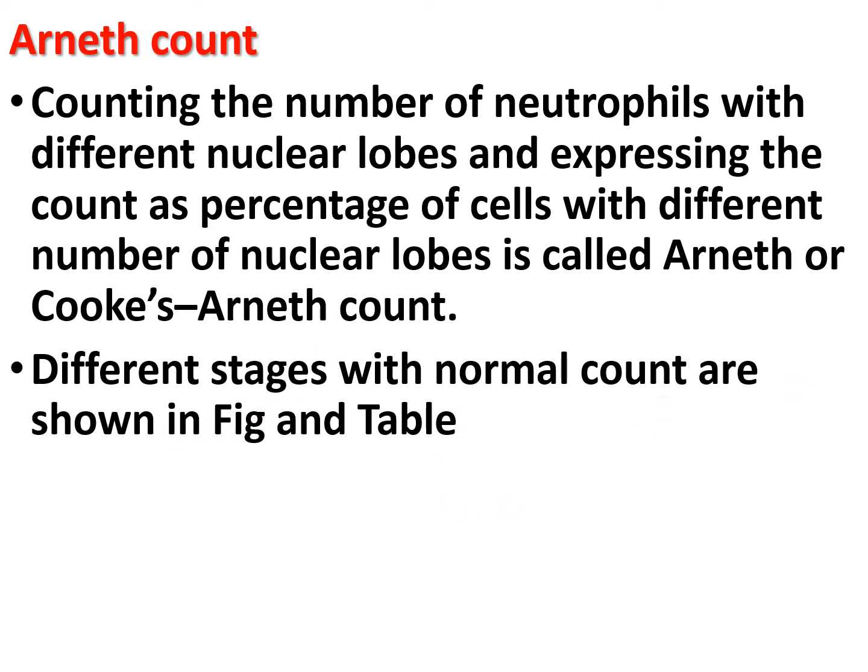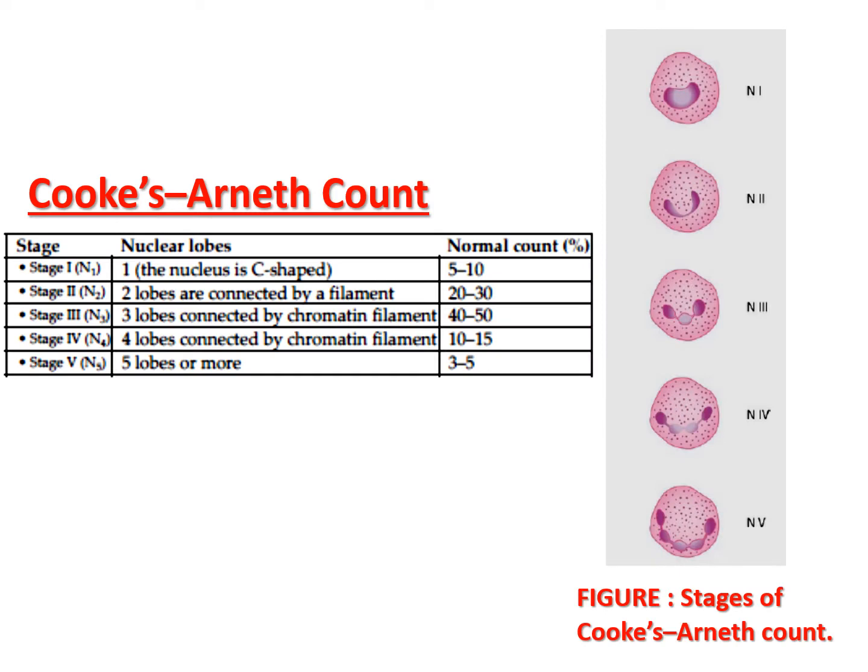Then the different stages with the normal count are given in my next slide. So these are the stages of the Cooke-Arneth count, and according to the presence of the nuclear lobes, the neutrophils are divided into 5 stages.